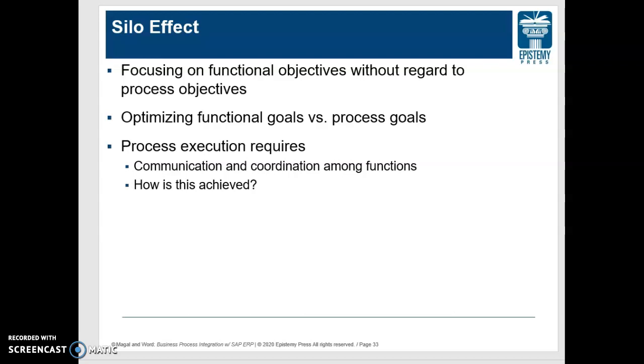So we need that process view, understanding the end-to-end to understand how the entire enterprise system works. It helps businesses manage their processes efficiently. So we want enterprise systems that help us see what everybody's doing and how we interact.